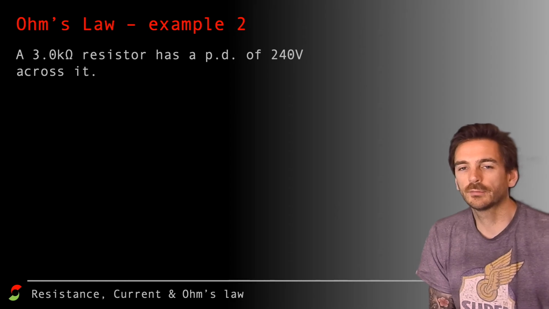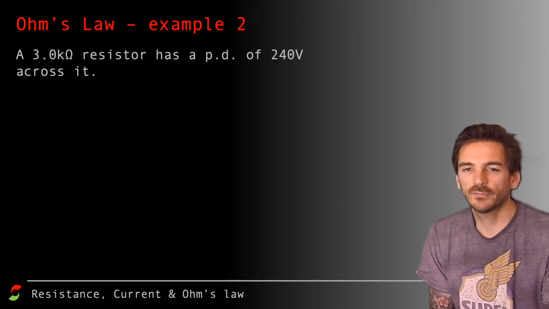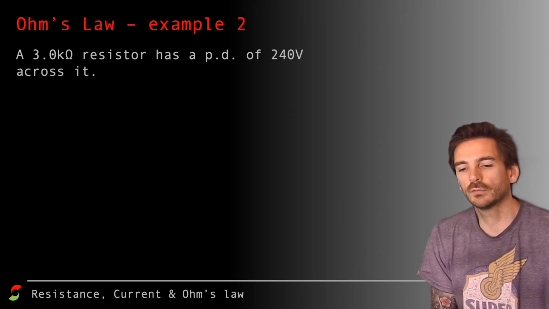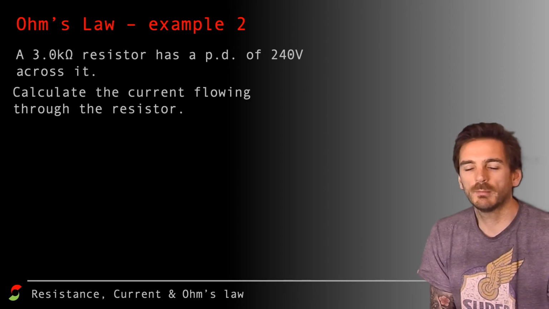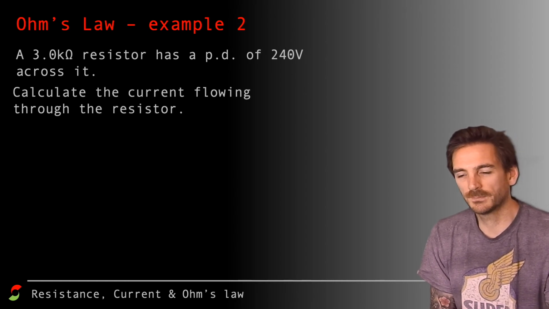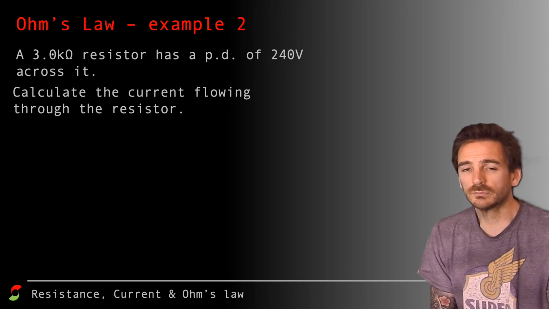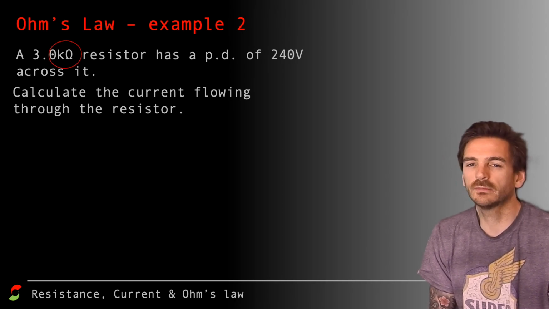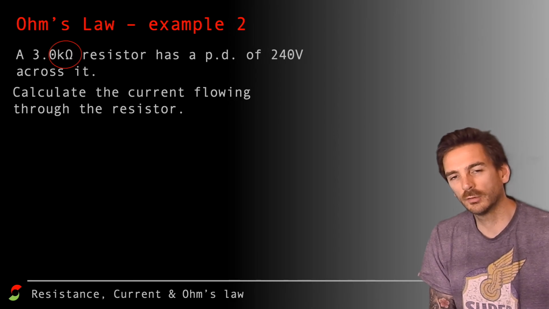This time we've got a 3 kilo ohm resistor with a potential difference of 240 volts across it. And we're going to calculate the current flowing through it this time. Again, check out the units. Not great, in kilo ohms, so we need to convert kilo ohms into ohms.